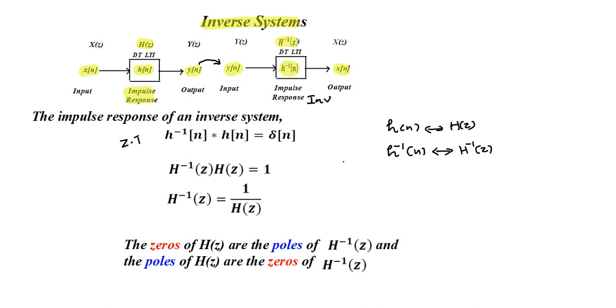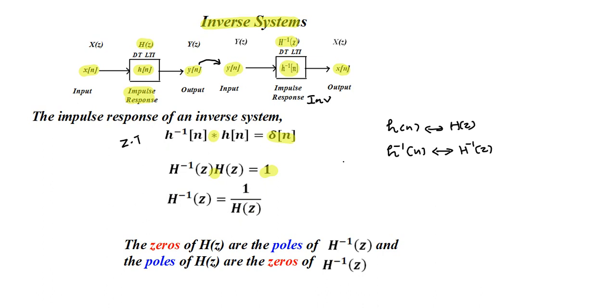By the convolution property, we know that convolution becomes simple multiplication, and the transform of delta of n is equal to 1. So you will get a relation like this: h inverse of z into h of z is equal to 1, and from this you can calculate h inverse of z, which is equal to 1 by h of z. This means just the reciprocal of the transfer function.